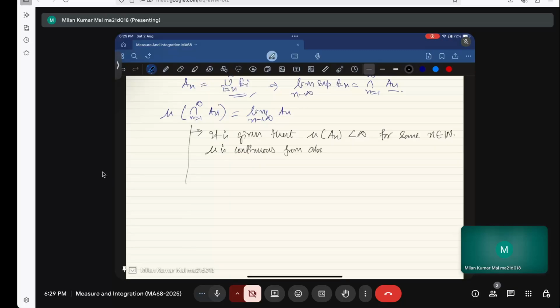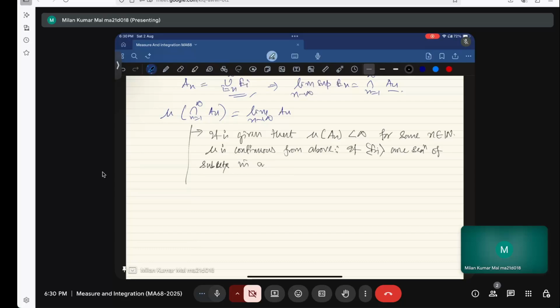What that says: if Ai are a decreasing sequence of subsets in a ring. Actually, here we need the sigma ring, because here we have a sigma ring, that's why it is happening.